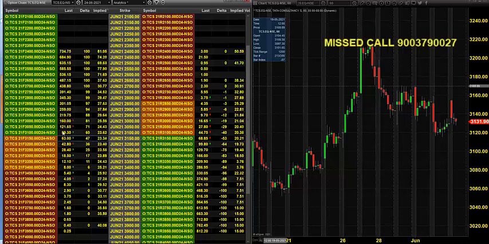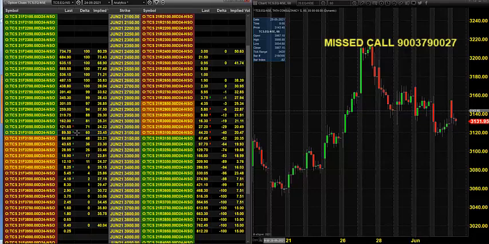On the left hand side they are all calls, and on the right hand side they are all puts. Since the price of TCS is trading around 3131, the 3100 strike will be the at the money option.